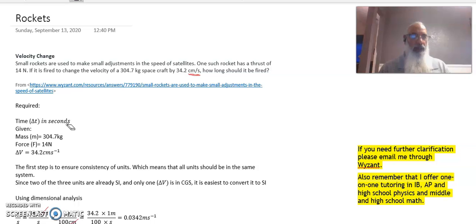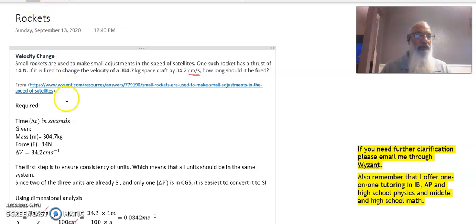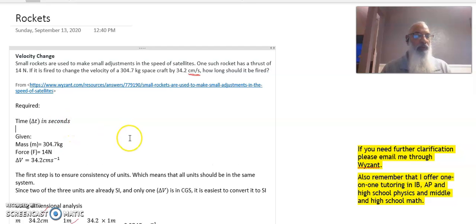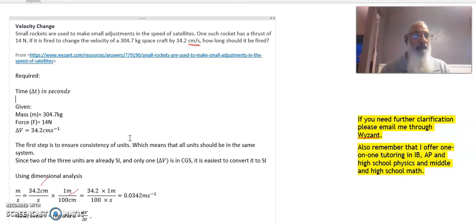The next part is what's given. We have a mass of the spacecraft, and we're going to denote it by m, and it's given as 304.7 kilograms.